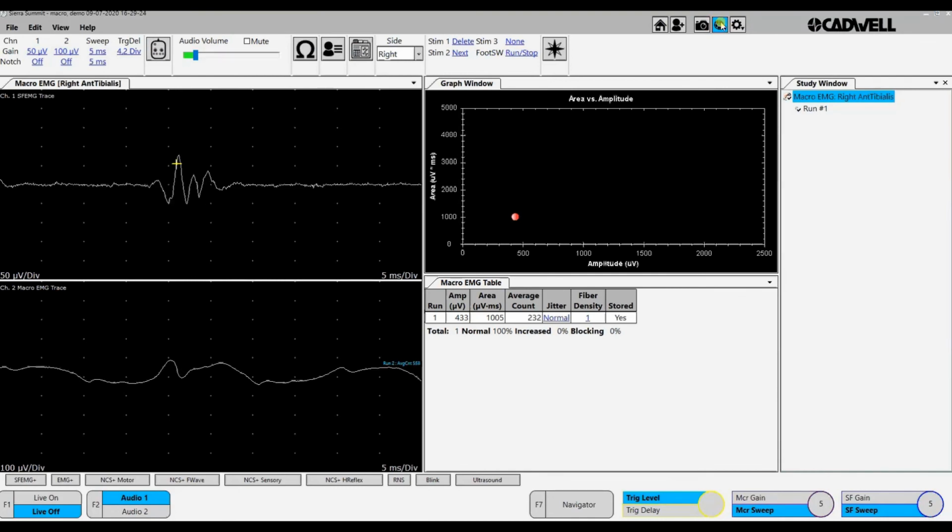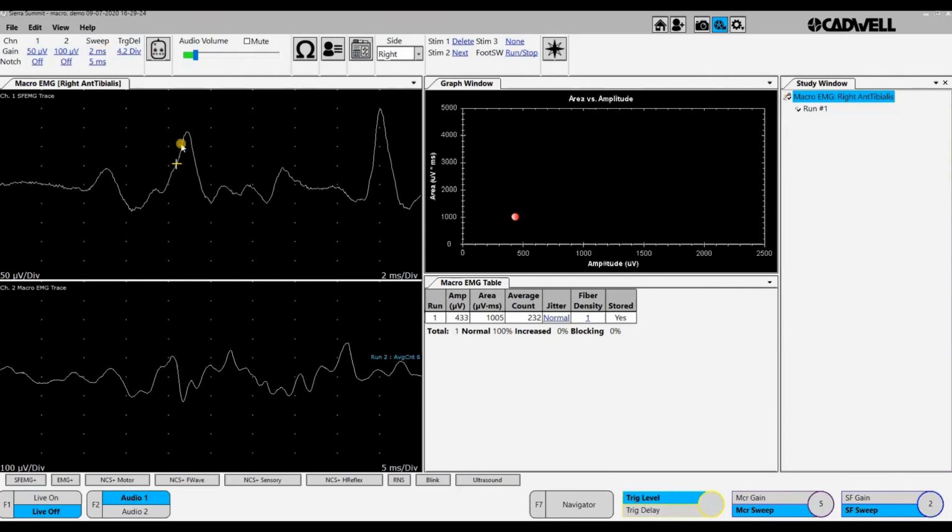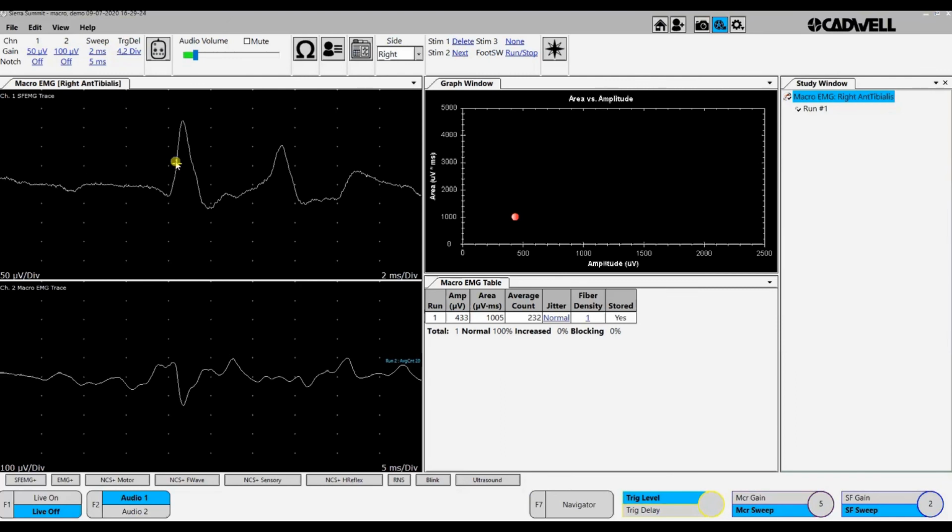So we start from the beginning. I insert the needle and see the motor unit potentials on channel 1. Here are the signals with a sweep speed of 5 milliseconds, which I can change, for example, to 2 milliseconds. We see motor unit potentials.